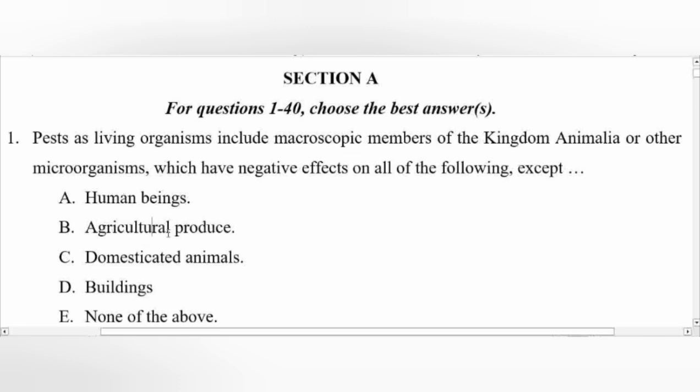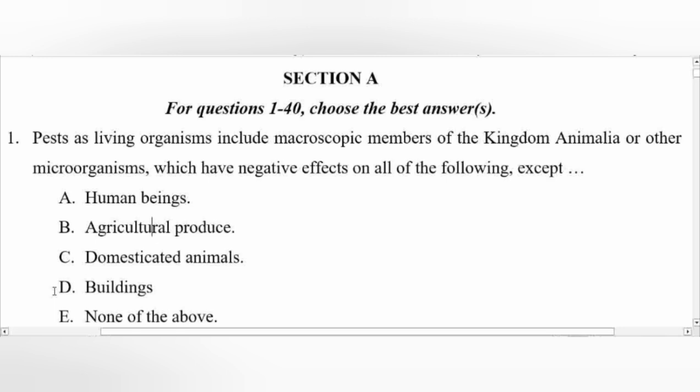Then the bees, agricultural produce. Yes, think about the weevil. Okay, let's say the grain weevil, for example. They have negative effects on agricultural produce. And then domesticated animals, yes, the flea, for example, also may affect the cats and the dogs, you know. And what about burdens?